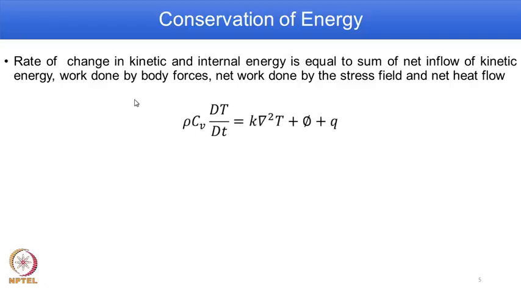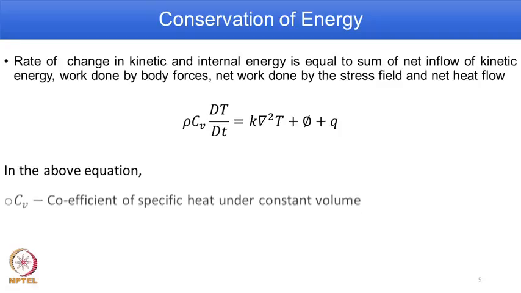When this definition is applied, after many arithmetic operations, the final form given here is rho Cv d by dt of temperature on the left hand side, and there are 3 other terms on the right hand side.